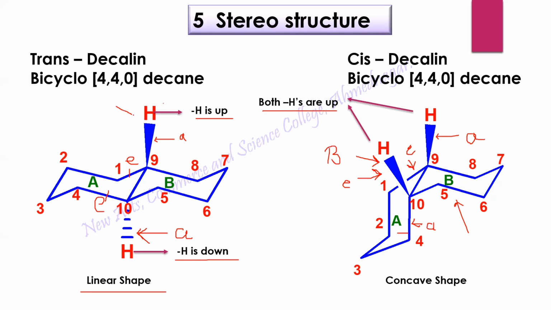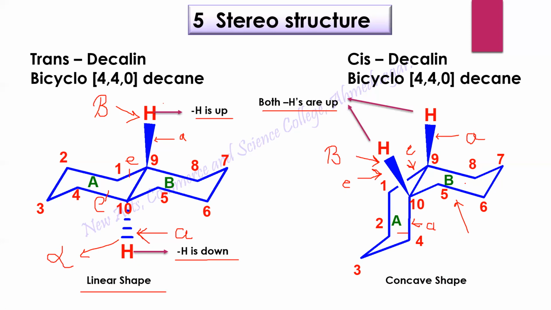While in the trans-decalin, this hydrogen is beta, while the other hydrogen is alpha, that is facing in a downward direction. The stereochemistry of this cis-decalin system is that both hydrogens are facing in an upward direction.